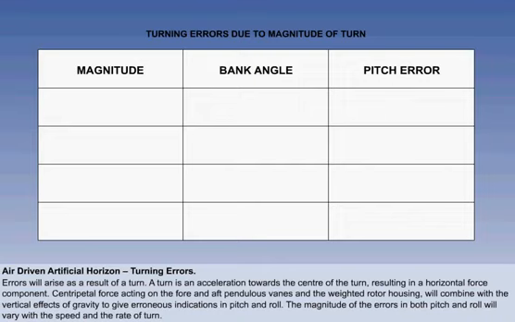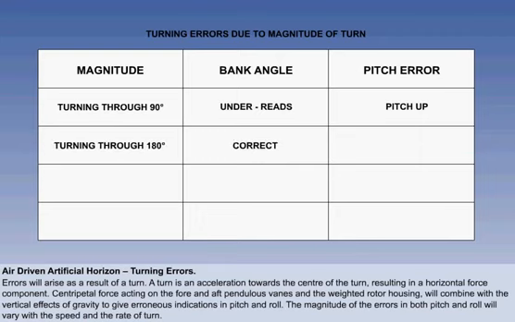Turning through 90 degrees, the instrument will underread the bank angle, and the pitch error will cause a false nose-up indication. Turning through 180 degrees, the bank angle will read correctly, but the pitch error will still result in an erroneous nose-up indication.